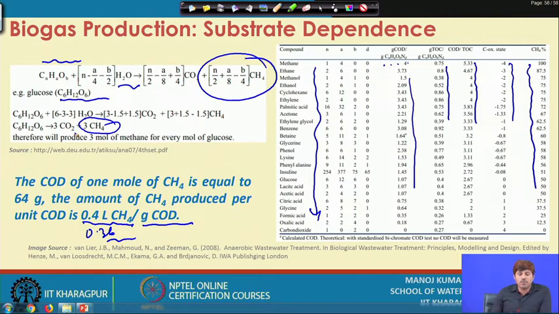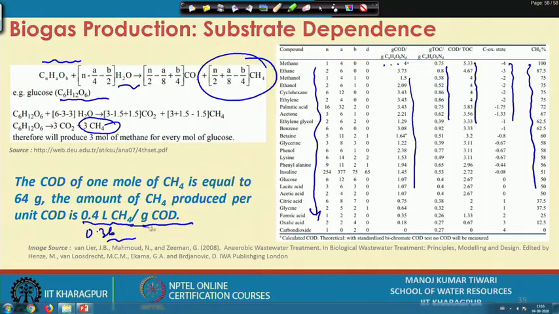Taking all these averages and converting to COD, we typically get 0.36 or 0.4 liter, depending on how we express it. So it comes to 0.4 liter of methane per gram of COD removed from the system.